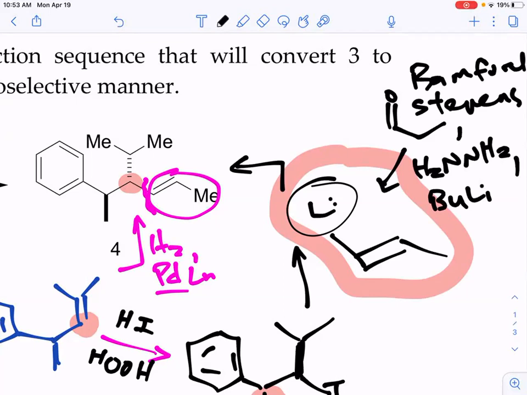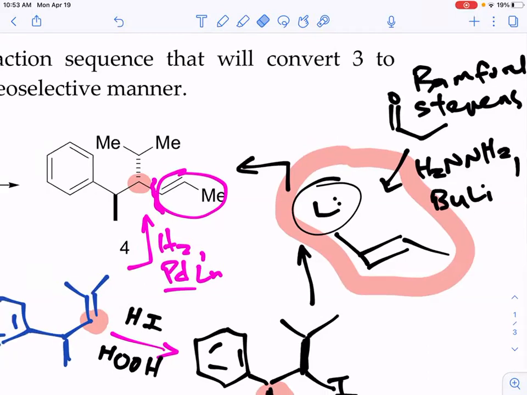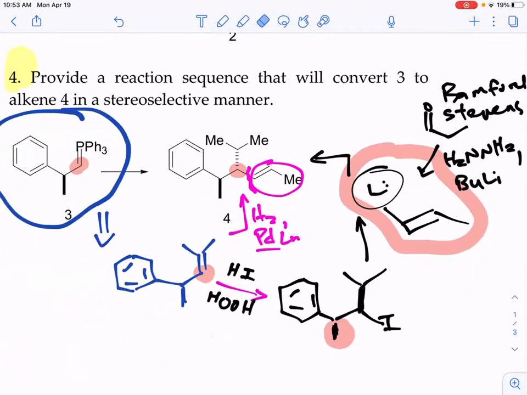We could get there and convert that into a vinyl lithium. That's one of the more ubiquitous ways to generate vinyl lithiums. So we did the Shapiro with acetone. So this plus this, that's going to give us that.